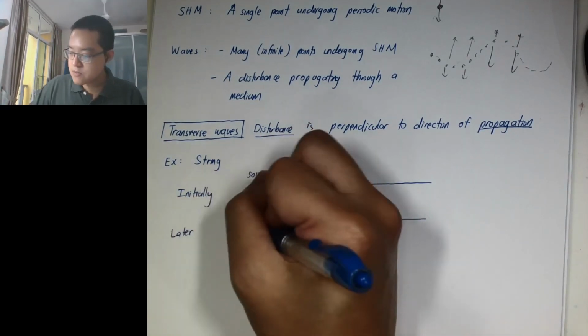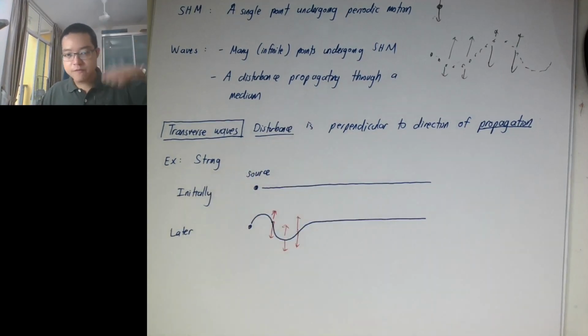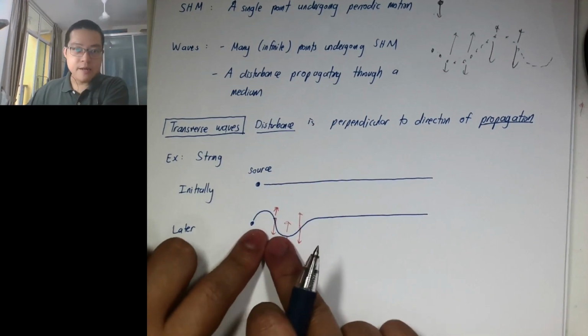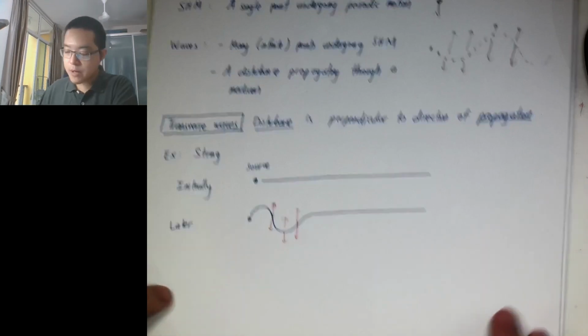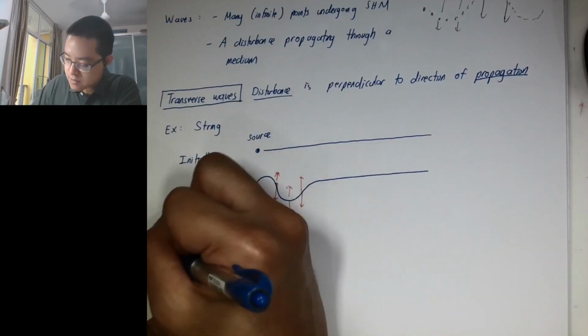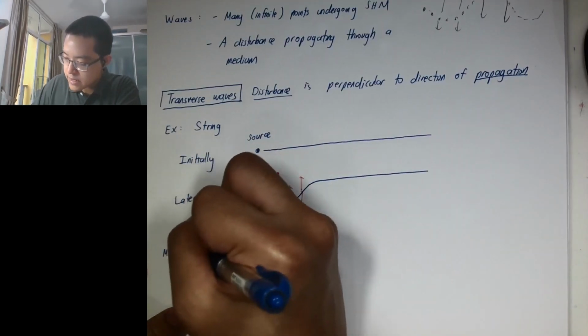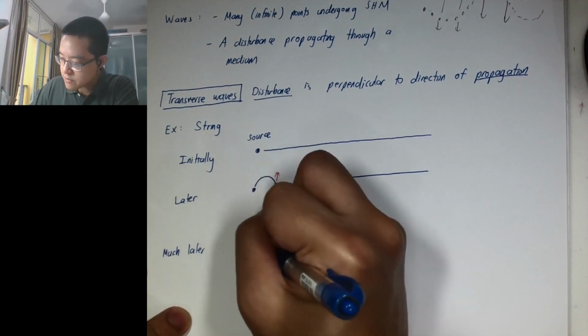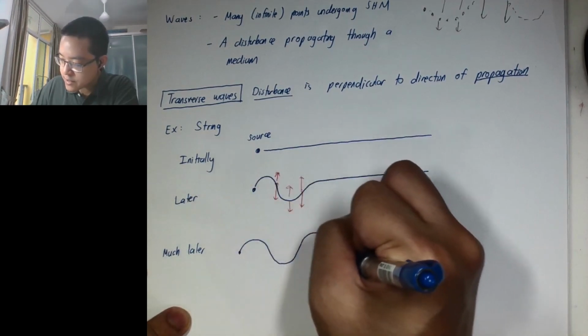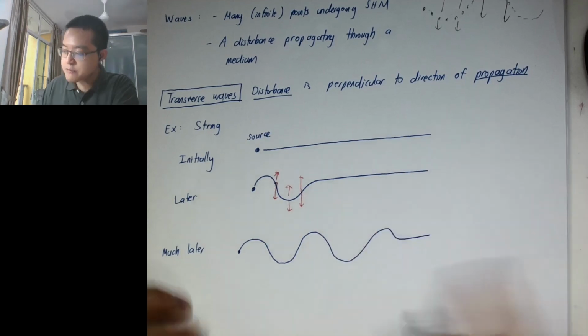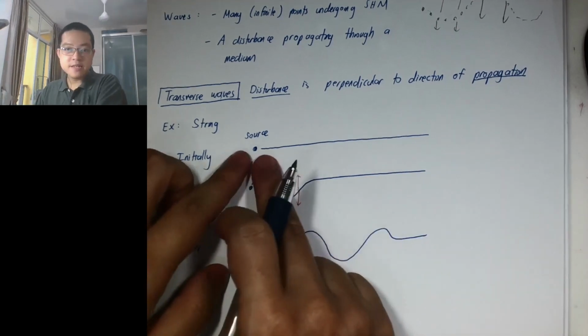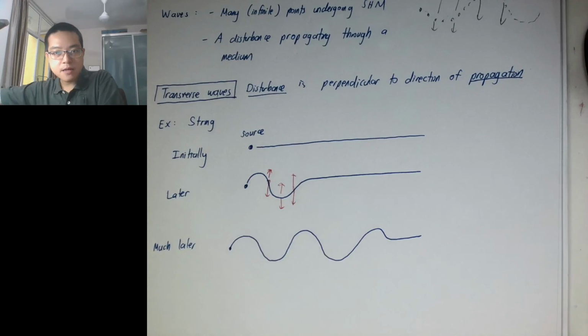Okay, so this is what happens. And then if we continue vibrating, eventually the vibration will spread everywhere. So much later, what happens? It will spread further and further. So it will vibrate up and down, up and down. Yeah, it will spread. So you see, the disturbance is spreading along the string.